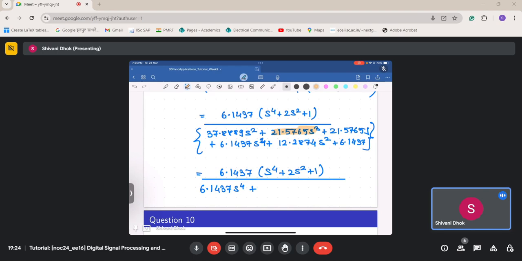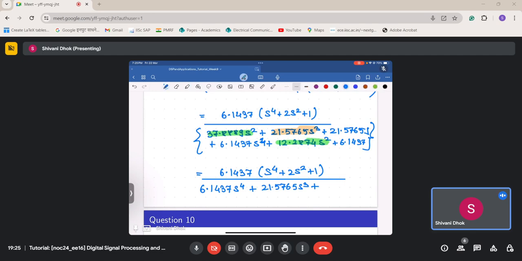So this we have as 21.5765 S cube plus, now we'll have S square terms which are this one and this one.